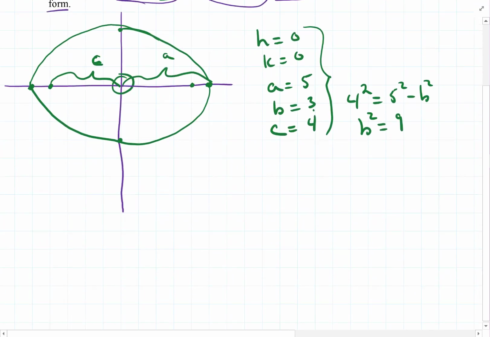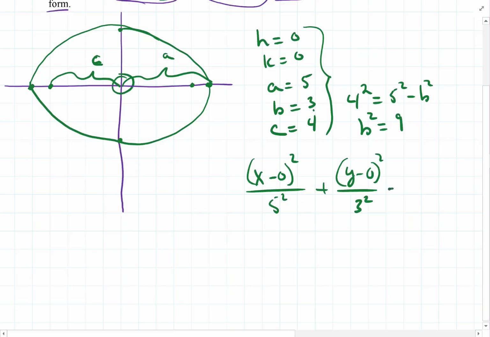Filling in the values that we have: x minus 0 squared over 5 squared plus y minus 0 squared over 3 squared equals 1. But we can simplify this a bit.